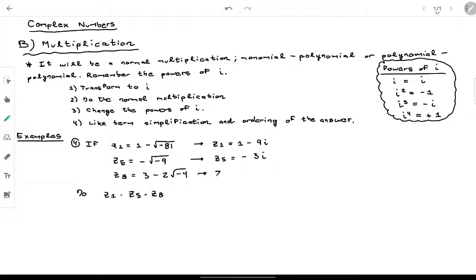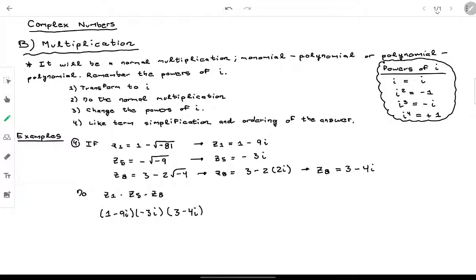And finally, c8 is going to be 3 minus 2 that multiplies 2i. So this one is going to be c to the 8 equals 3 minus 4i. So after that, I need to do our multiplication. So it's going to be 1 minus 9i that multiplies minus 3i that multiplies 3 minus 4i.